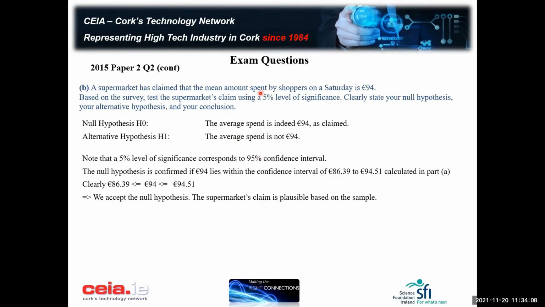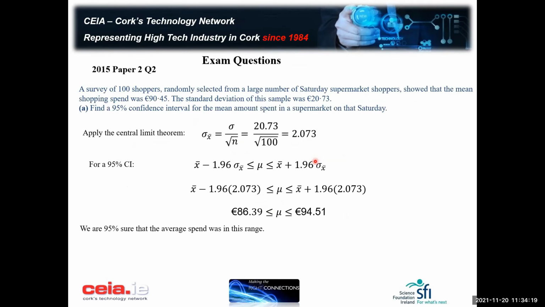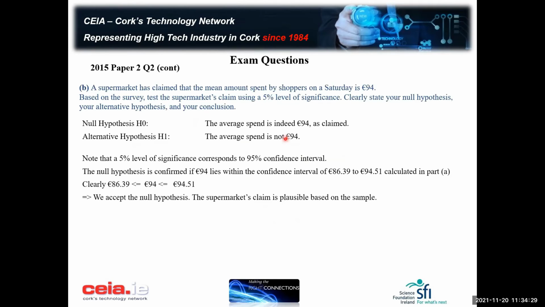Now, first of all, again, they're saying 5% level of significance. That corresponds to a 95% confidence interval. So we're still using the empirical rule. So we can still use this 95% confidence interval, going from 86.39 to 94.51, that we just worked out. And 94 does lie within that range.